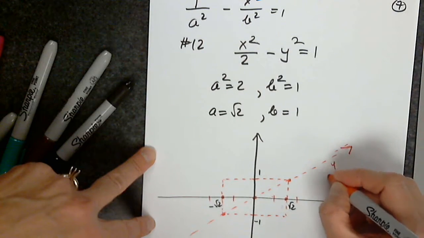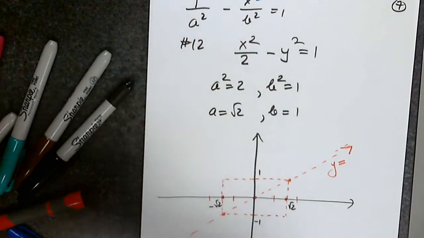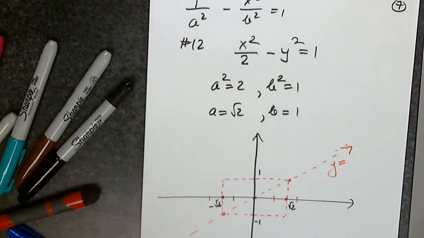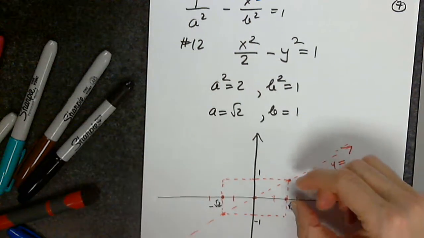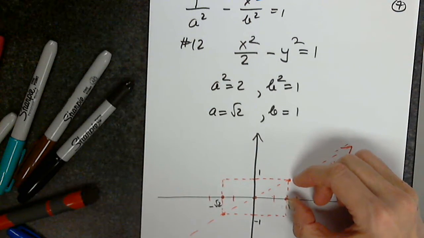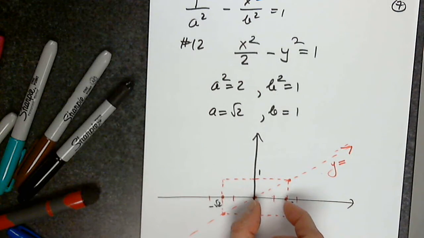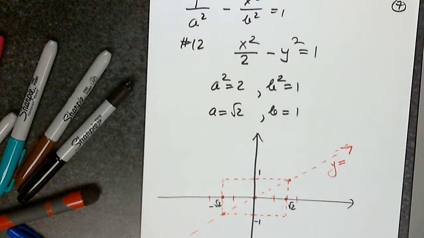Can anyone give us the equation of the asymptote? Remember, the height is 1, and the width is the square root of 2.